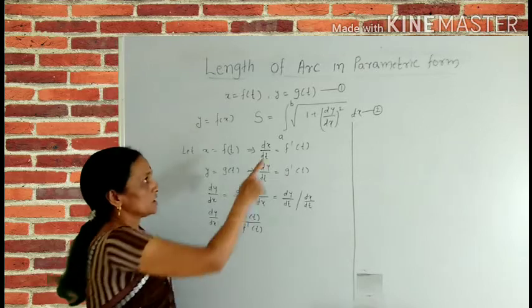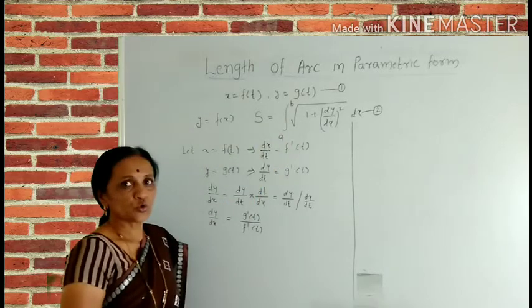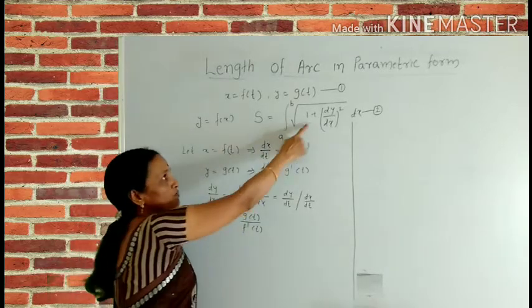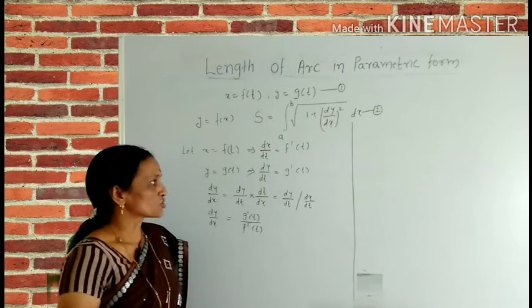Now, in equation number 2, there is a term 1 plus (dy/dx) squared.